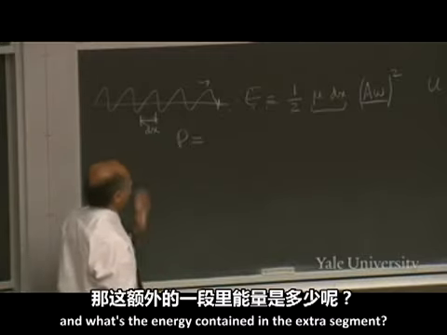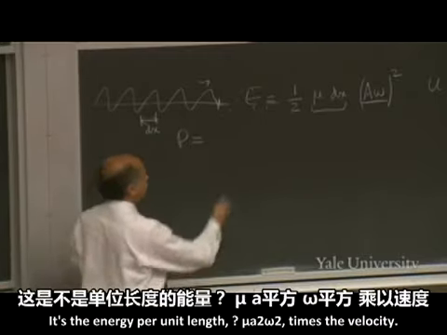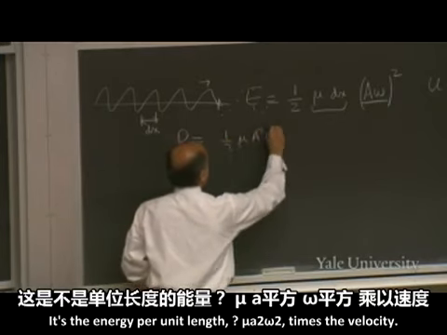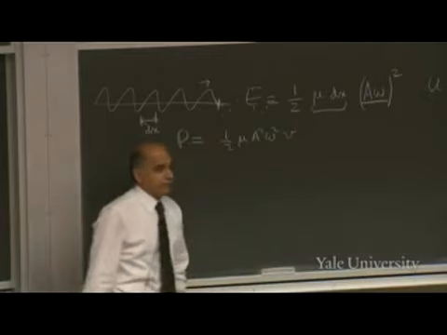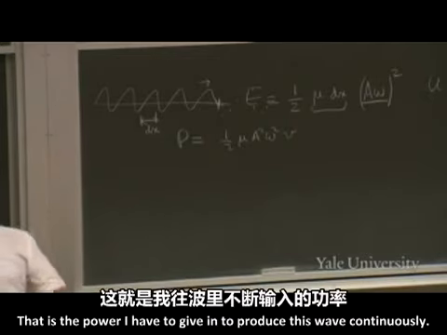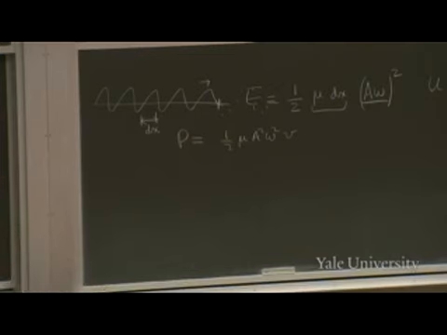And what's the energy contained in the extra segment? It's the energy per unit length, 1/2 mu A squared omega squared, times the velocity. That is the power I have to give in to produce this wave continuously. Do you guys follow that?